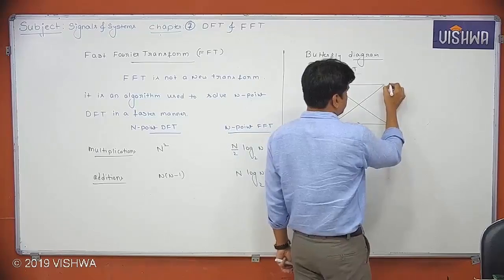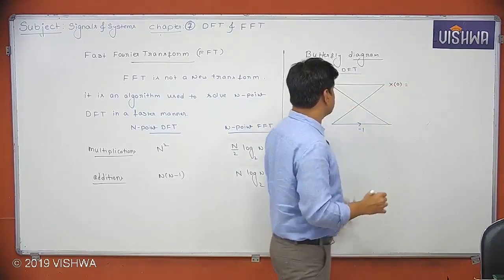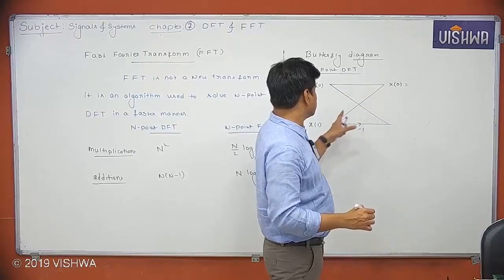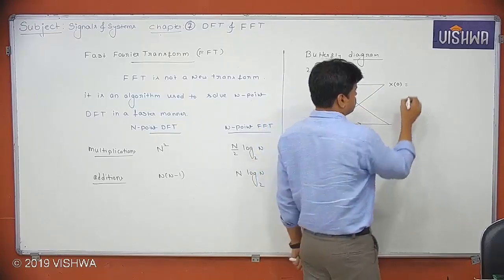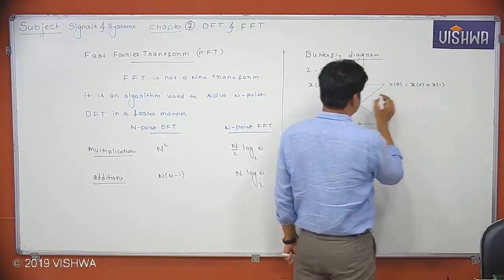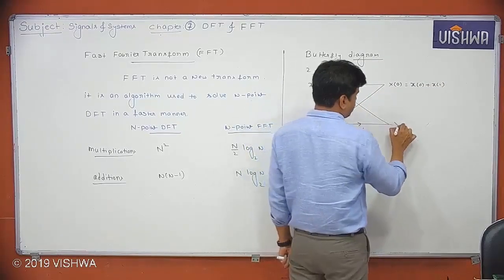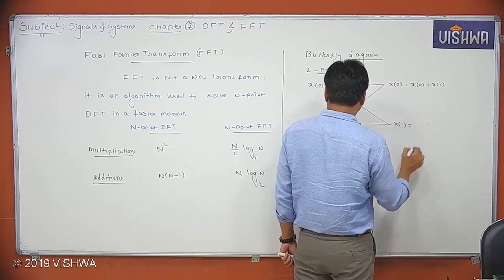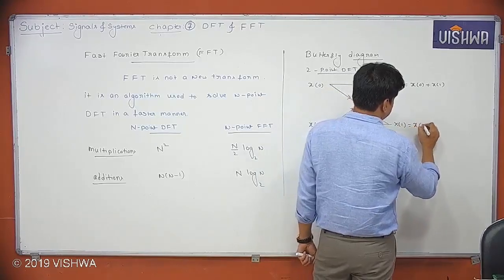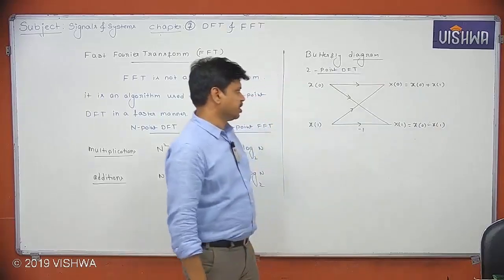Then here we are going to get x of 0. What is x of 0? x of 0 plus x of 1. Whereas x of 1 is nothing but x of 0 minus x of 1. So this is a 2-point DFT butterfly diagram.